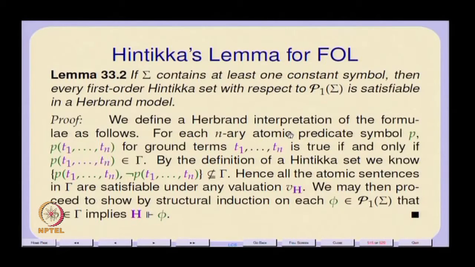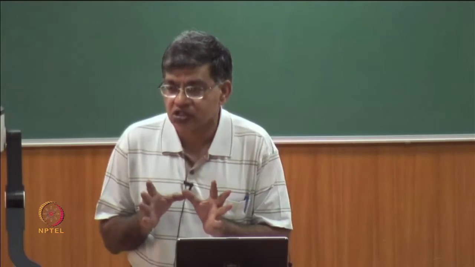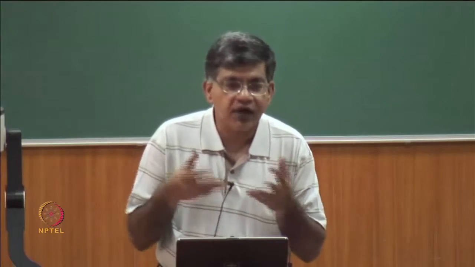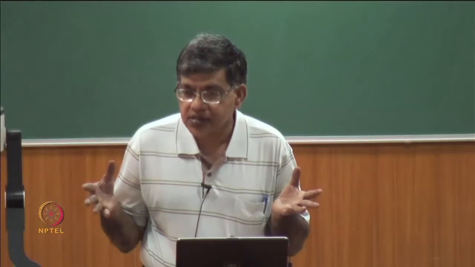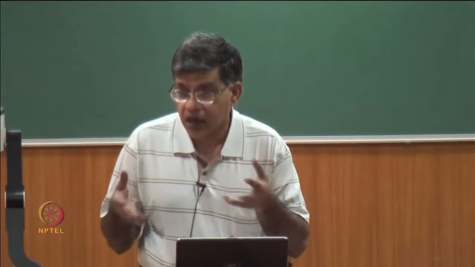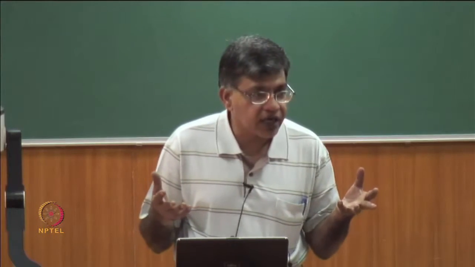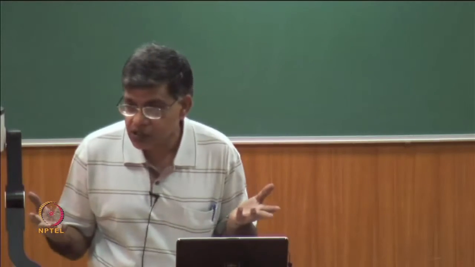All that we say is, supposing you have a first order Hintikka set gamma, then if it is a Hintikka set and if it was not just purely propositional, then it would have some ground predicates, right. And if it has some ground predicates, then it would have ground atomic predicates also.